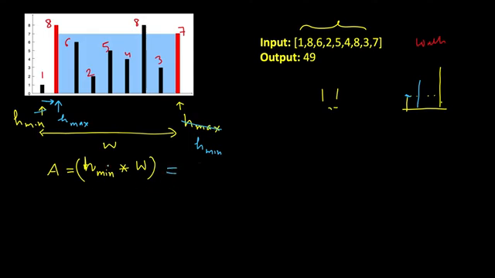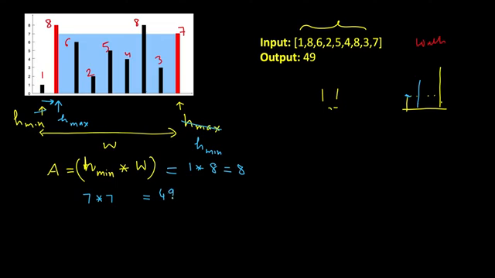So let's write the absolute numbers. It was 1 times 8. The new area is again h min times width, but the width is now 7 and the minimum height is 7. Maximum is 8. So it will be 7 times 7 equal to 49.